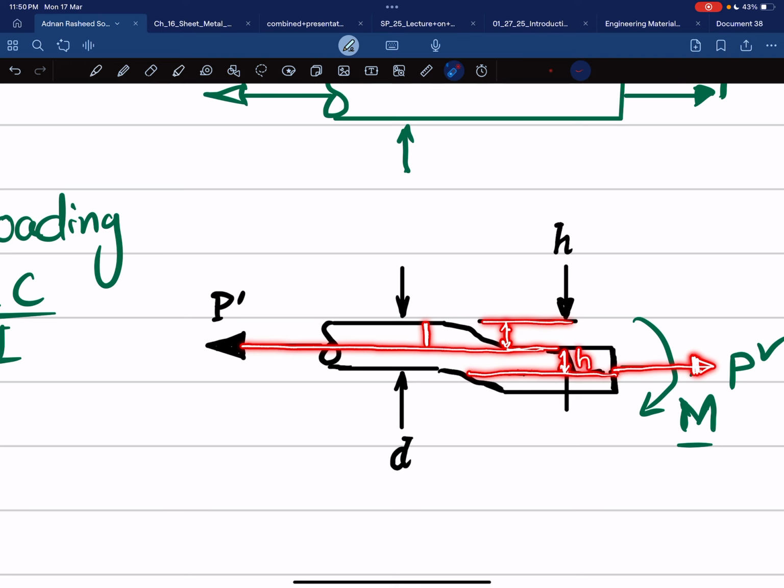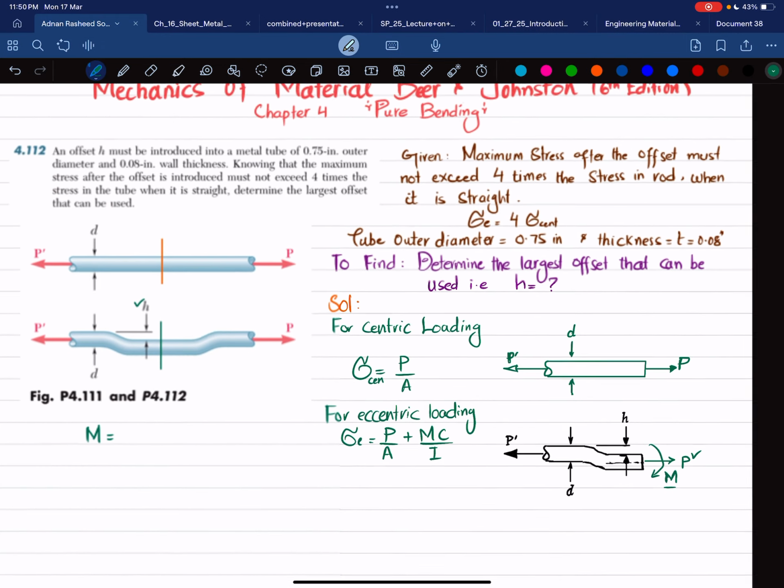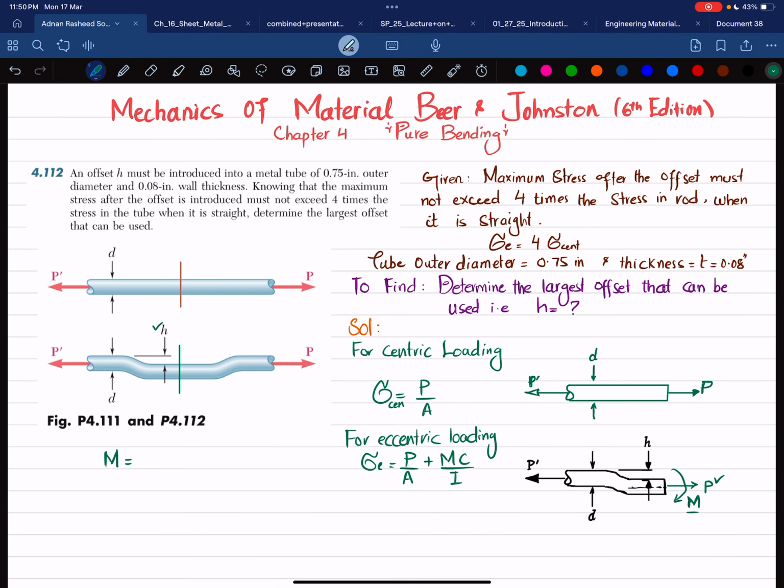So P into h will produce a couple or moment in this direction, which will be equal to M. So M is equal to P multiplied by h. Hence we will write over here that this moment is equal to P times h.